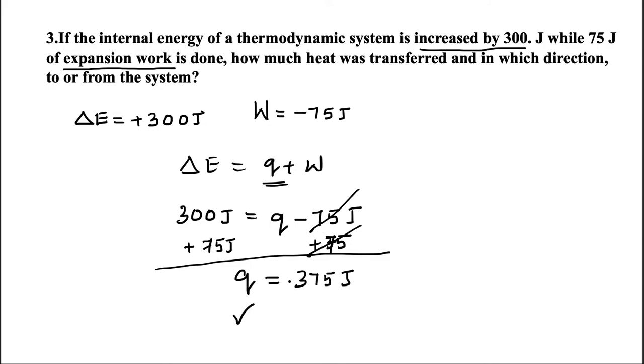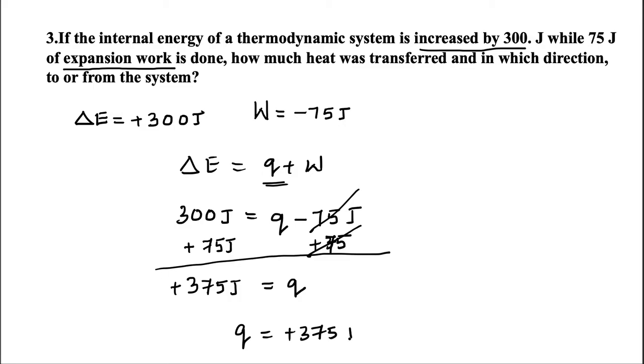So this is the positive term. Okay, better we do the mathematics in a clear way so that we can avoid mistakes. Now on the left side I have 375 joules, the right side I have Q. Therefore Q equal to positive 375 joules.